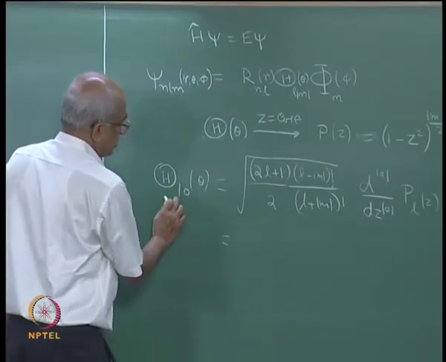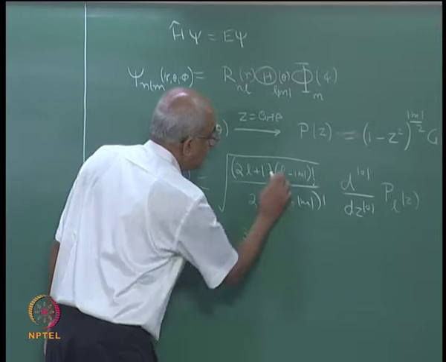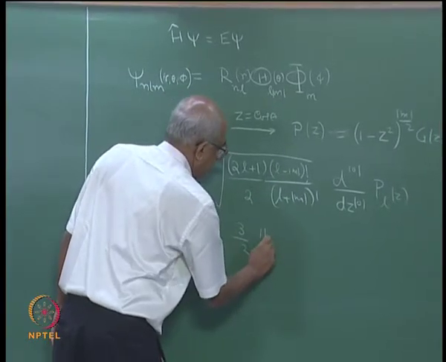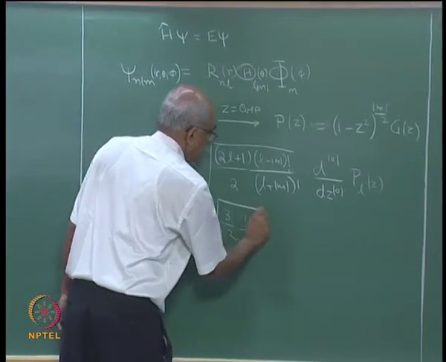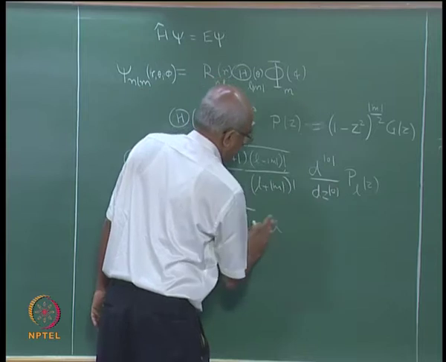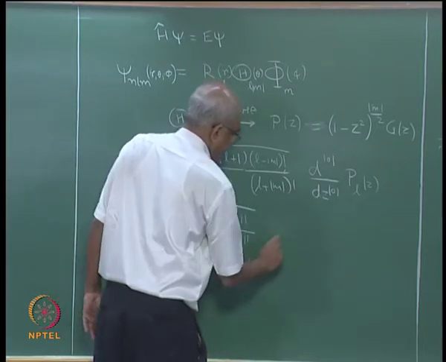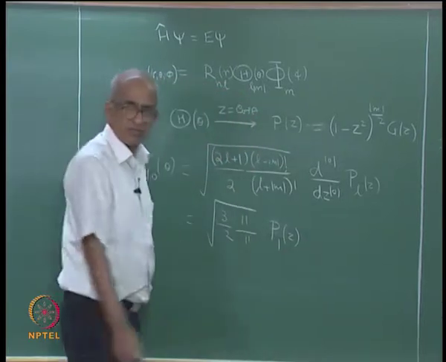Specifically, if you say L is equal to 1, you are going to get 3 by 2, 1 factorial divided by 1 factorial, square root. d to the power of 0 by dz to the power of 0 is just no operation, you will get P1 of z. That is all.